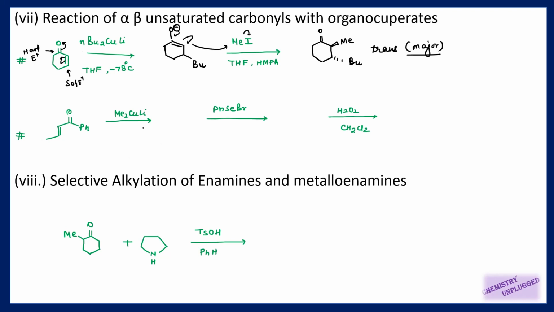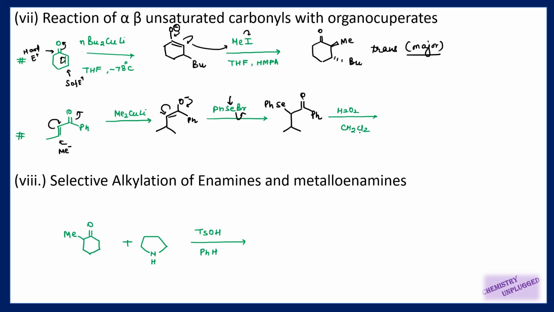We will see one more example based on the same reaction. If I use this dimethyl cuprate, then this Me minus will attack this carbon, right? I will get this enolate, then this negative charge will come back and attack this selenium group. This Br will be removed. I will get this compound.